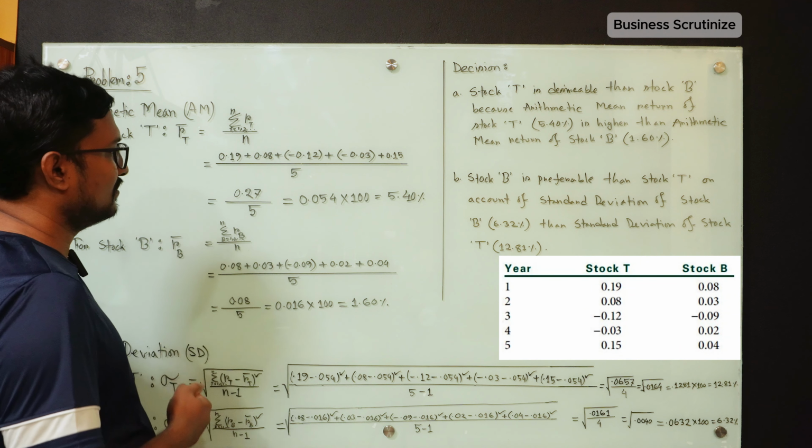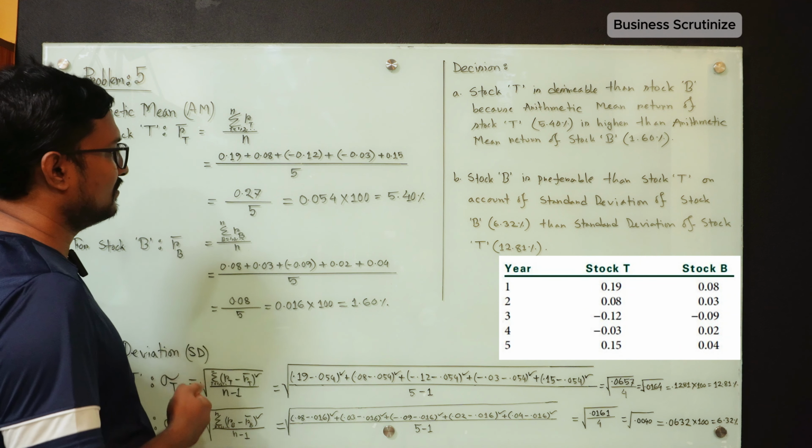Now let's compute in a similar way for stock B. Again, R bar B, the arithmetic mean for stock B, is the sum of R B divided by the number of years or returns. As many returns as we have, we sum them in the numerator.